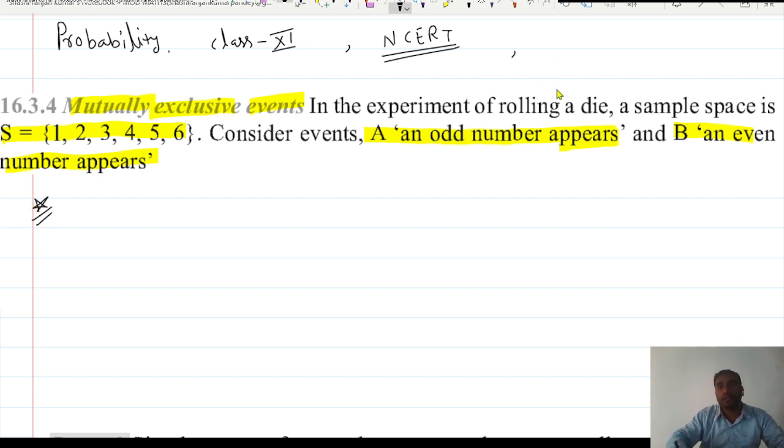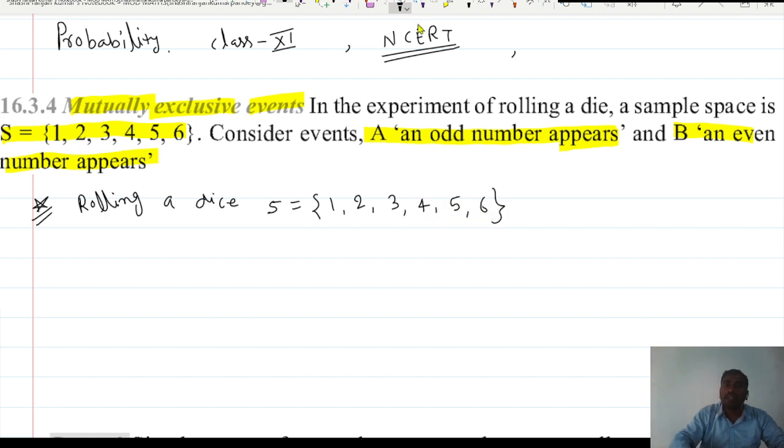Let us suppose we are rolling a die. What is the sample space in this case? We know the sample space is either 1 or 2 or 3 or 4 or 5 or 6. Now let us discuss the events.